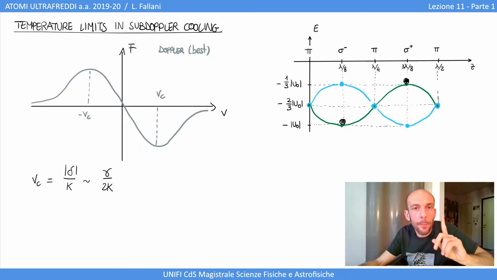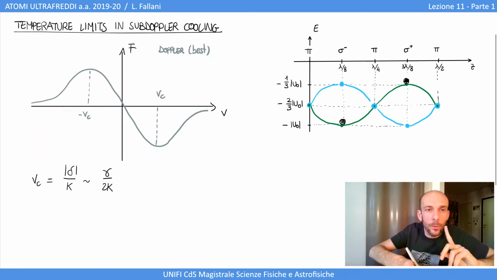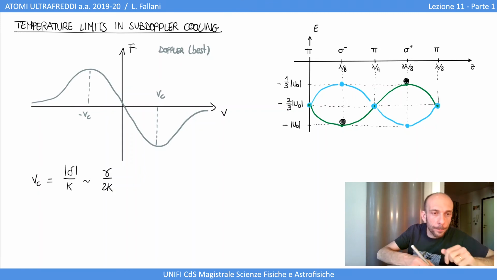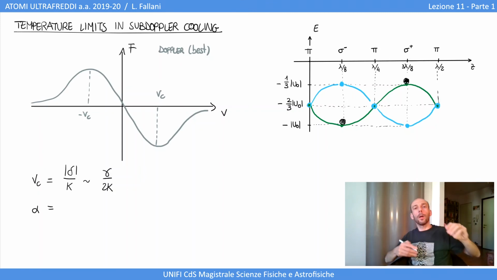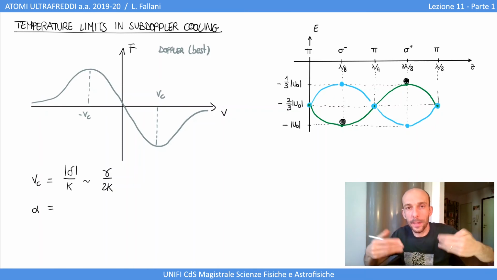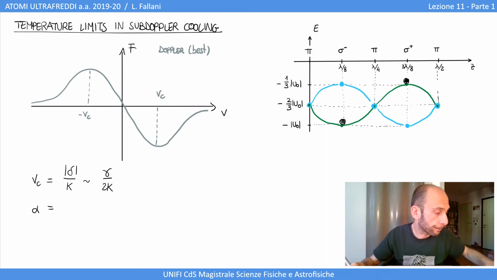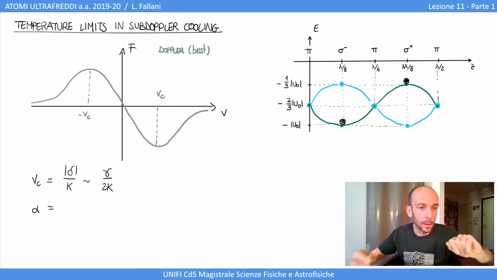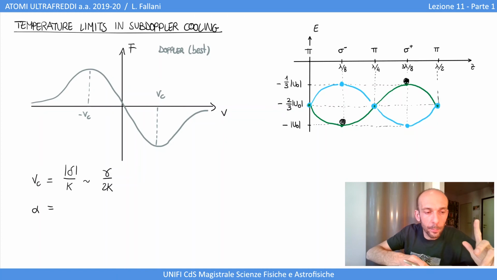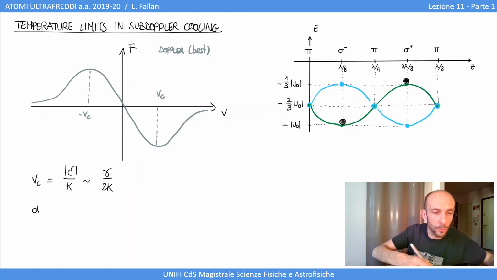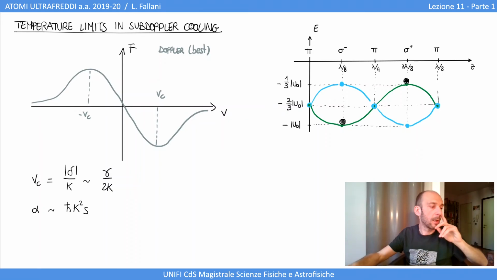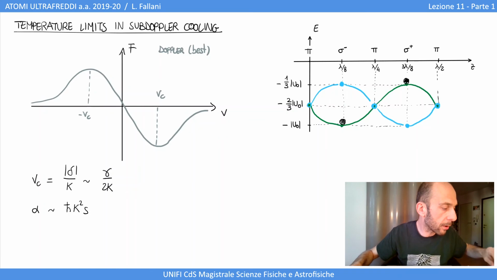Another quantity that we had introduced is the friction coefficient, which basically describes the steepness of the linear part at small velocity. So this is a damping coefficient, or friction coefficient. Again, in the case of optimal detuning, this was on the order of h bar k squared times S, where S is the saturation parameter.